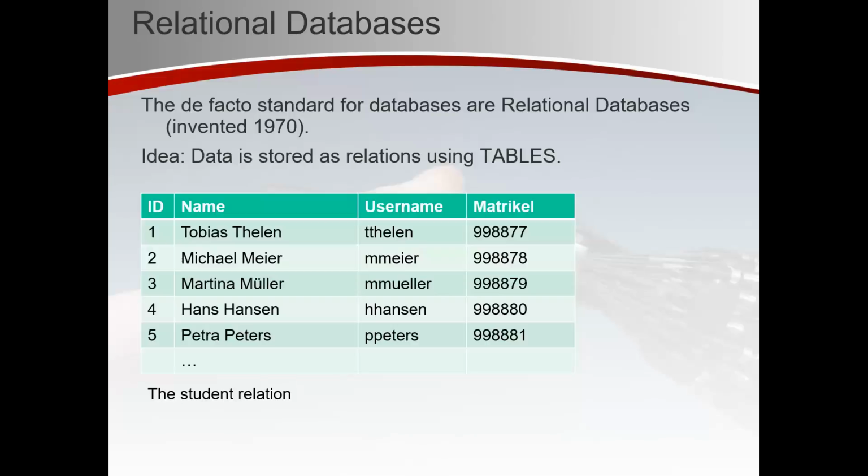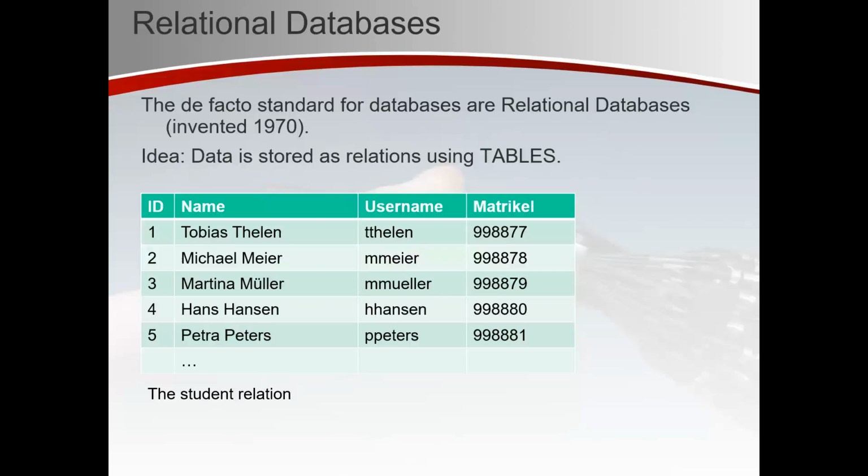Most of the database management systems you encounter are relational database systems. The largest ones, for example in the open source scene, are MySQL, PostgreSQL, MariaDB, and so on. Of course, there are others. There are NoSQL databases that do not use this relational scheme, but we stick to this relational scheme now.